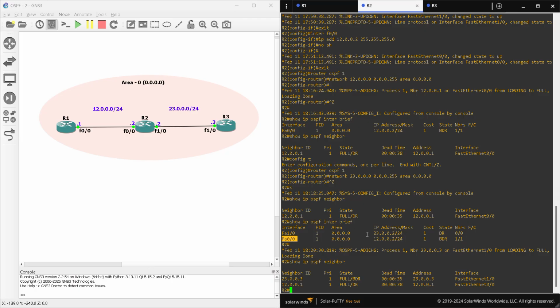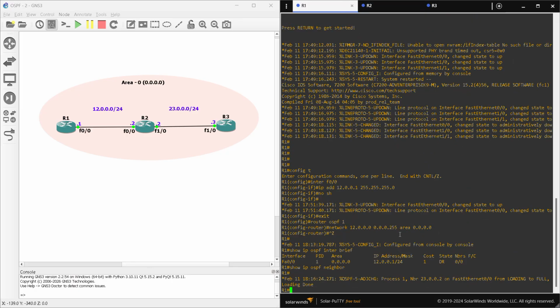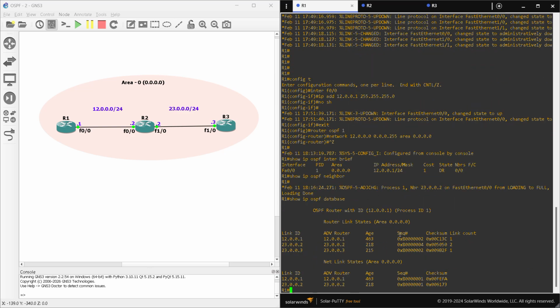Similarly for this one, right? Now let's go and check on R1. Not neighbors, not interface, but let's see the LSDB of it. Show ip ospf database. As you can see, the very first thing we have learned is that whenever we see the LSDB of some router, first check the router ID so that we can identify which one is the received LSA and which one is our own LSA.